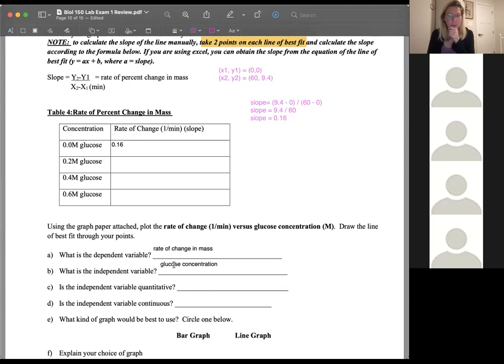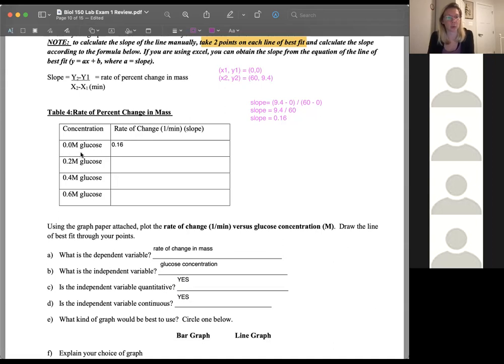So our independent variable, glucose concentration, is it quantitative? Yes, absolutely. And then is it continuous? Yes, it is continuous. It's continuous because there are an infinite number of possible concentrations between the 2 points that we have chosen.